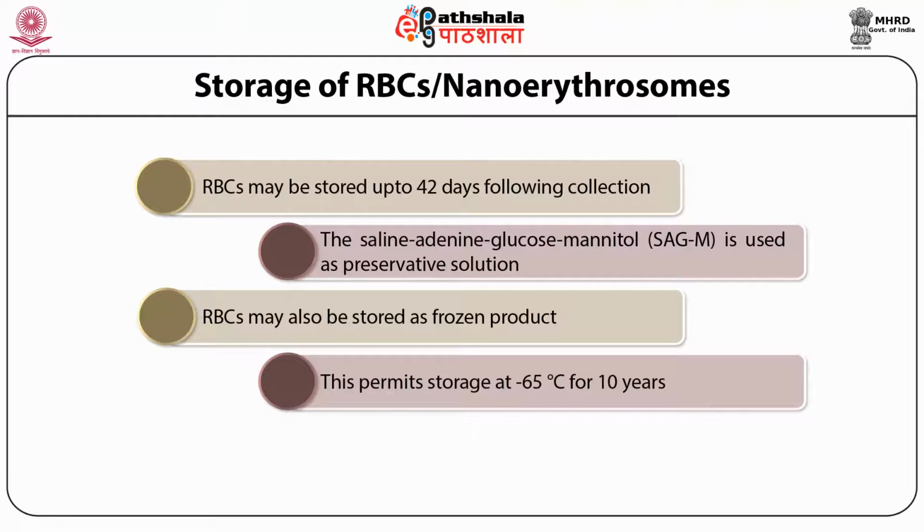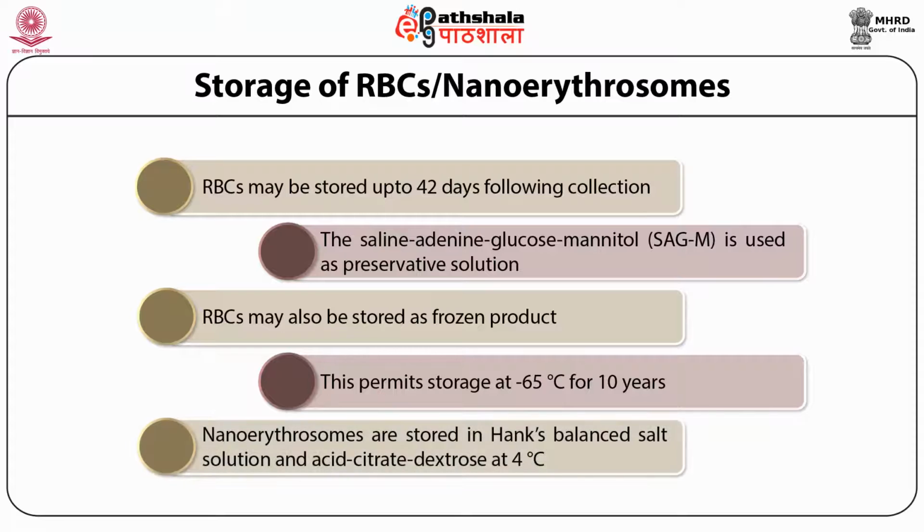That's how we can increase the shelf life of RBCs, by storing them as frozen products. When used, the frozen product is first thawed at 37 degrees Celsius and deglycerized prior to transfusion. In general, the usual storage media for nanoerythrosomes is Hank's balanced salt solution and acid citrate dextrose at 4 degrees Celsius.